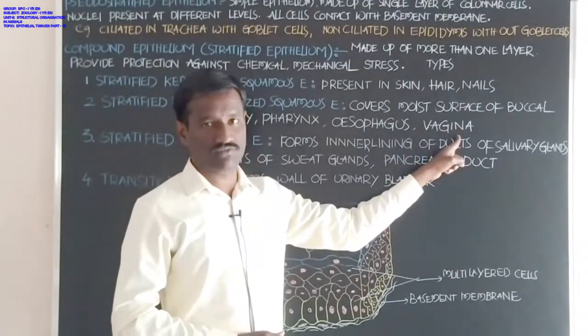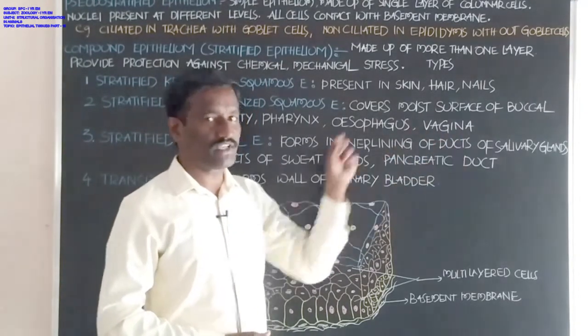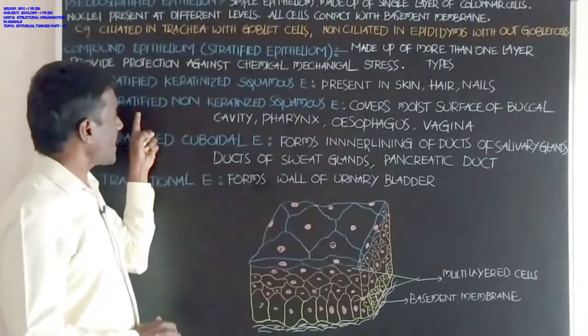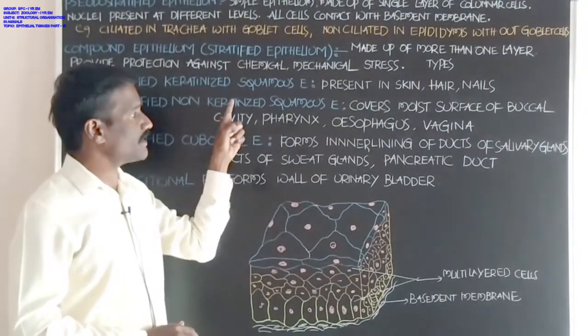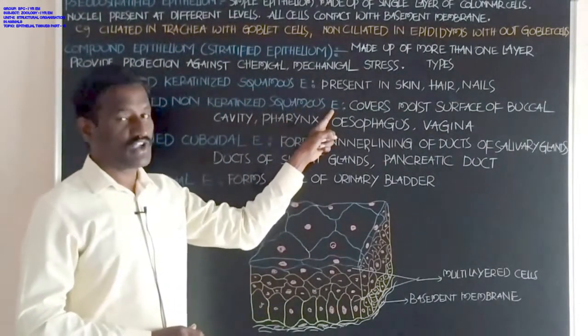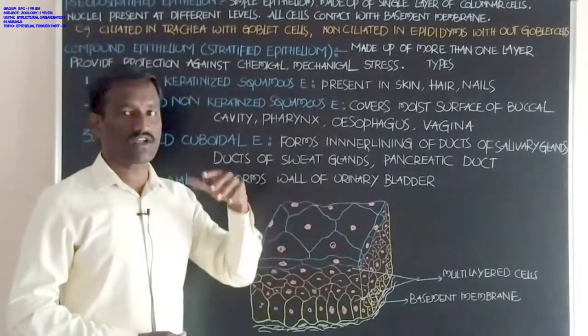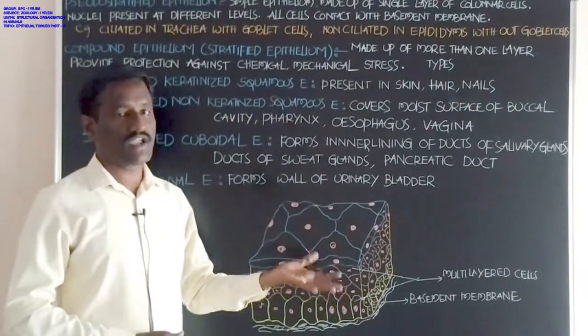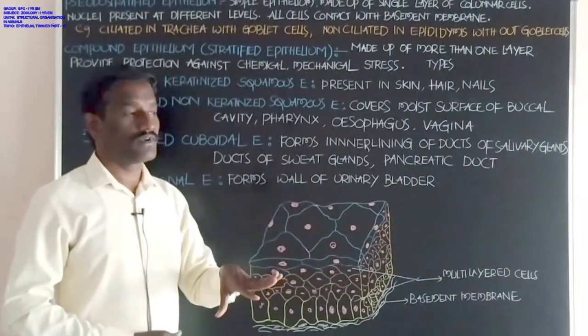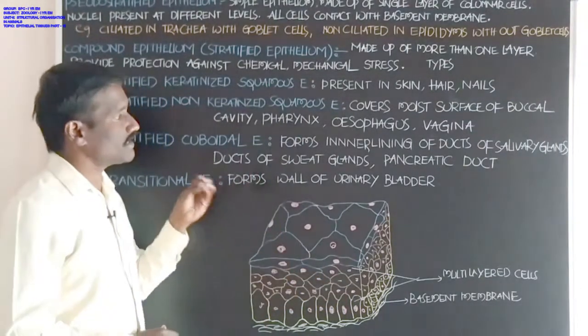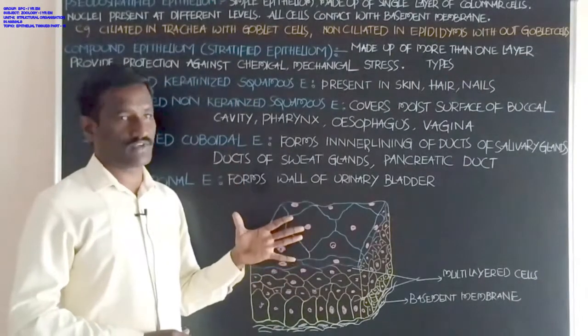The moist surface of the vagina is stratified non-keratinized squamous epithelium. Where keratin is present, it forms a rough or dry surface; without keratin, it forms a moist surface.